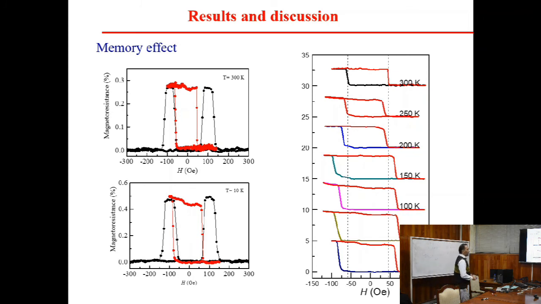What will happen? At one magnetic field, you can see two resistance peaks. In one sweep, if you are increasing the magnetic field or decreasing the magnetic field, in both cases you have two different resistance peaks. It means in one sweep you are increasing the resistance, and in the reverse sweep you are decreasing the resistance.